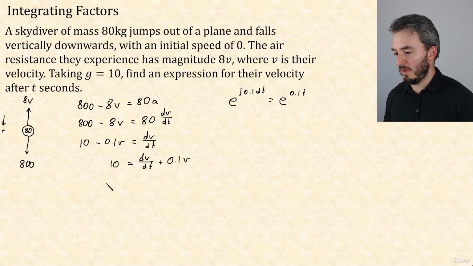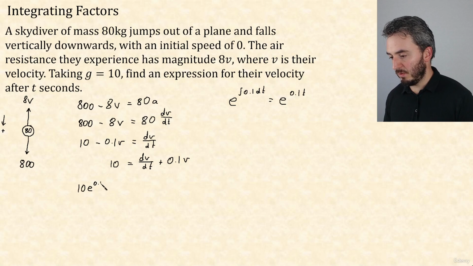So we're going to multiply through by that. So we've got 10 e to the 0.1t equals e to the 0.1t dv by dt plus 0.1 e to the 0.1t v.